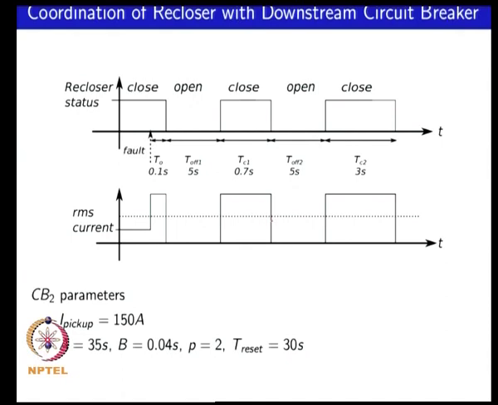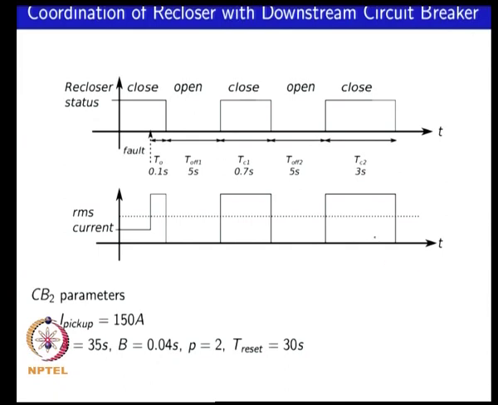If the current level stays high again in this duration, it opens again for 5 seconds. So, after 5 seconds it tries reclosing a second time, and there it stays closed for 3 seconds. If the current continues to be above your threshold level even at the end of this 3 seconds, then it will lock open.